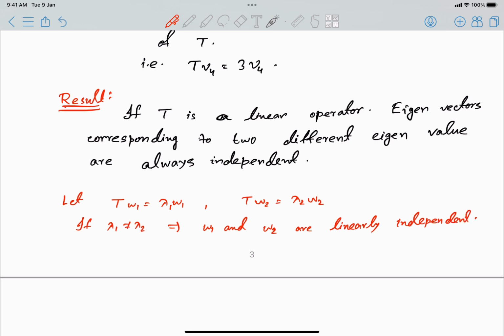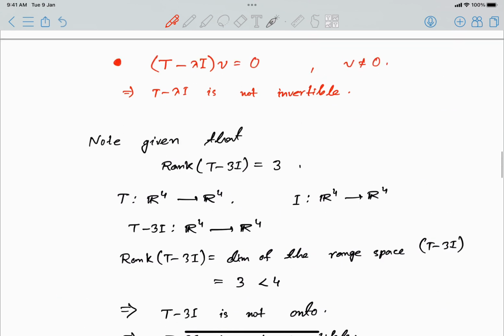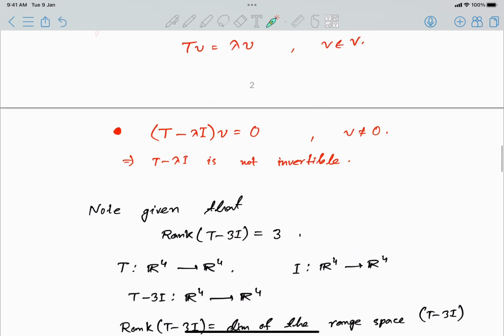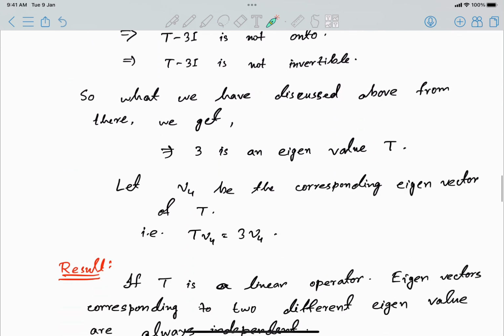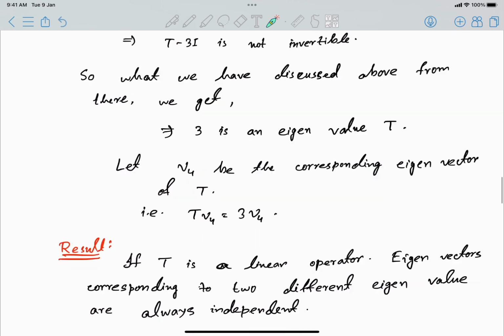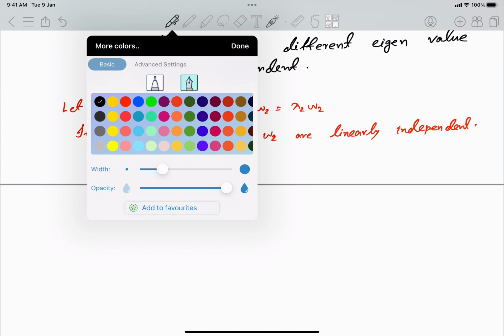Right, so we'll use this. For 0 we have these three eigenvectors v1, v2 and v3, and corresponding to 3 we have eigenvector v4. As 0 and 3 are different, v4 is linearly independent to all the 3.